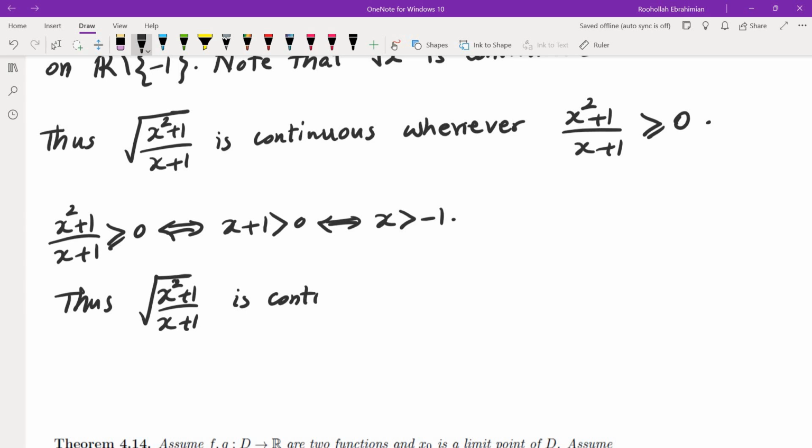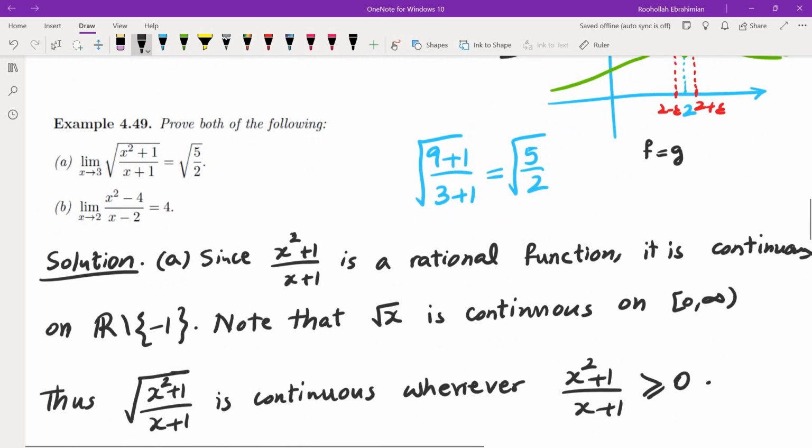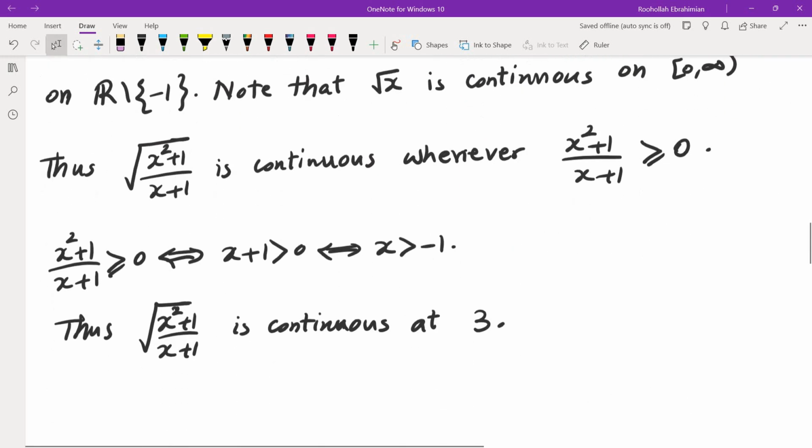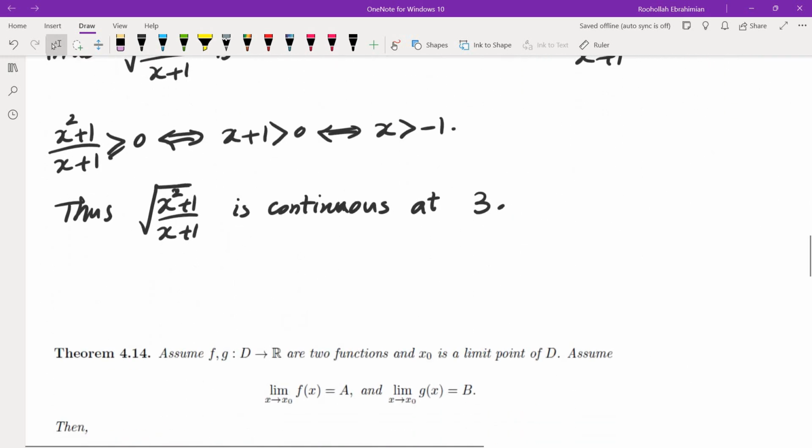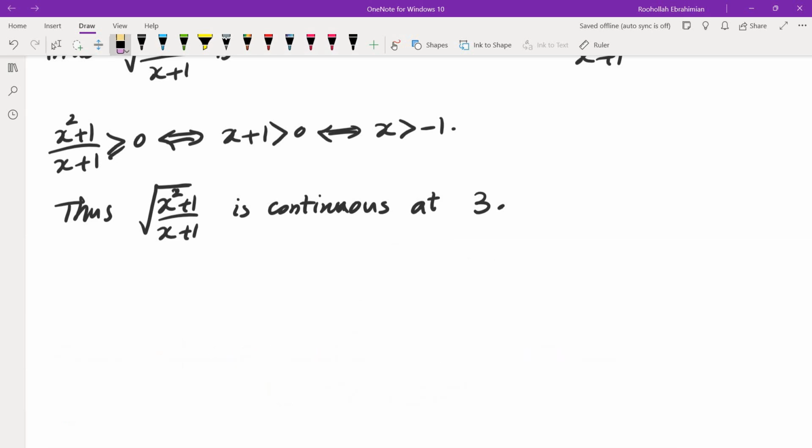is continuous. So really, the point that I need continuity for is at 3, because they are talking about the limit when x approaches 3. But I also know that it is continuous from -1 to infinity.